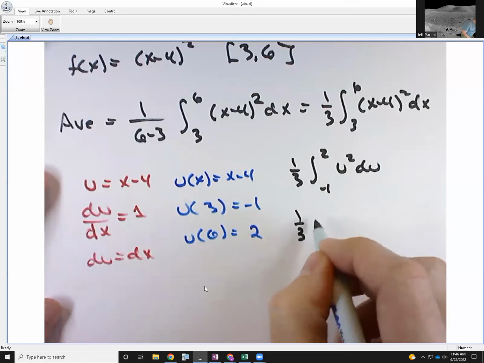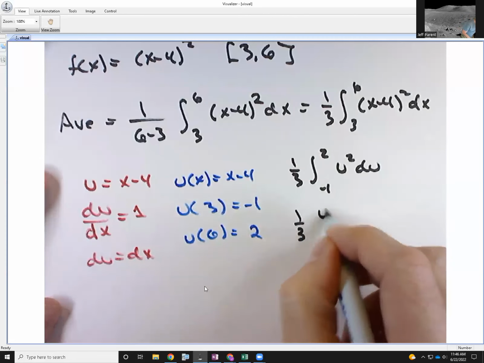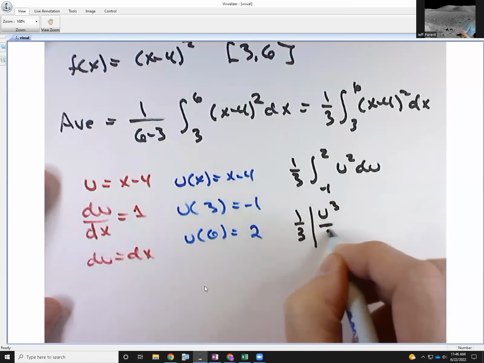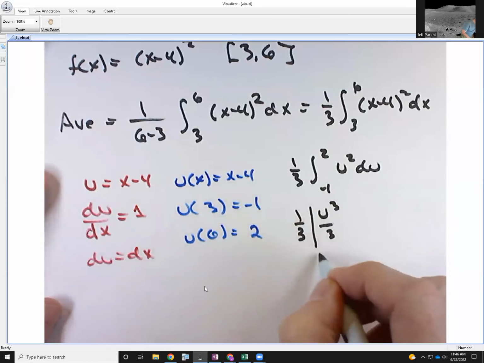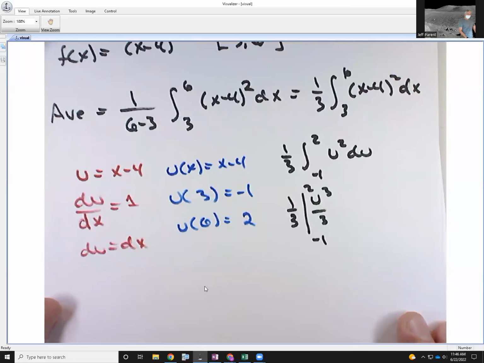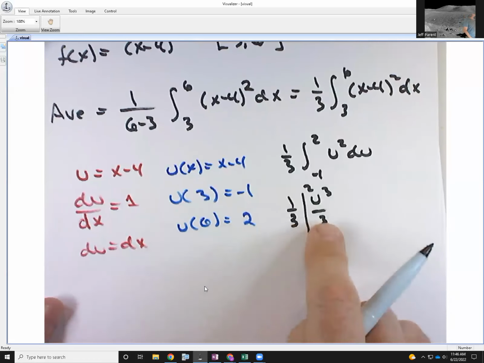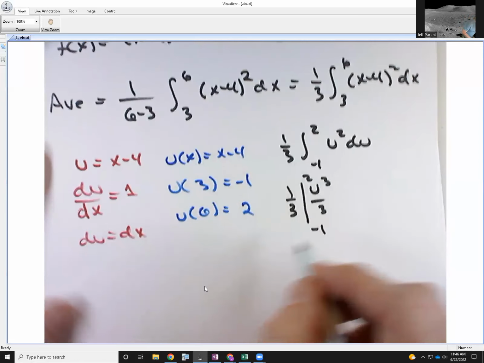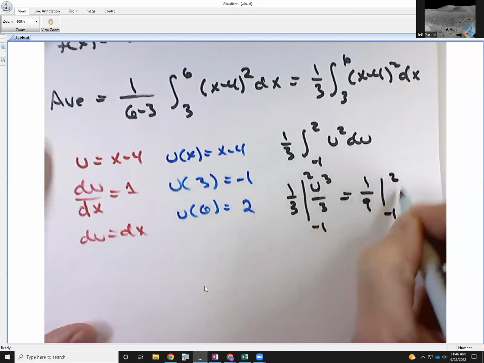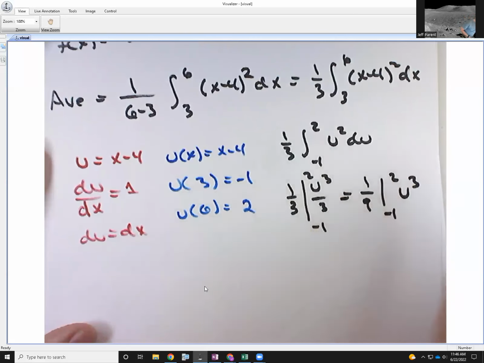So it's going to be 1/3, and then u to the 3rd over 3 between the limits of -1 and 2. So 1/3 and 1/3, that gives me a 1/9. I'm going to pull that out in front. And then I have a u cubed here.